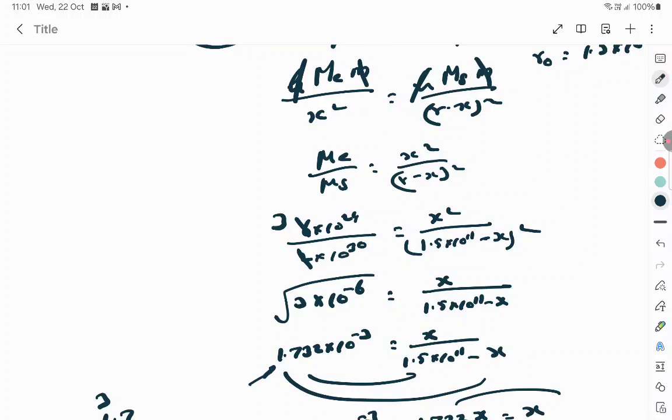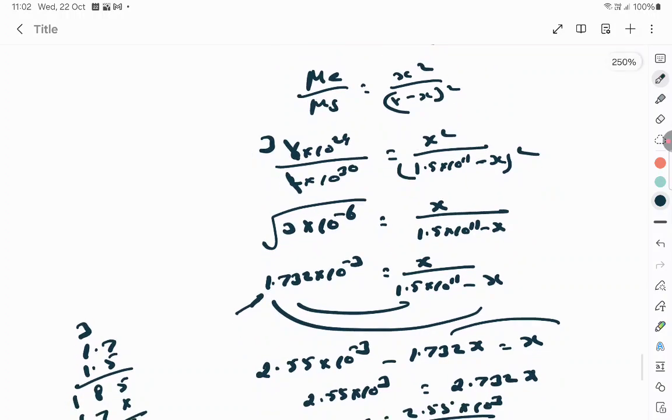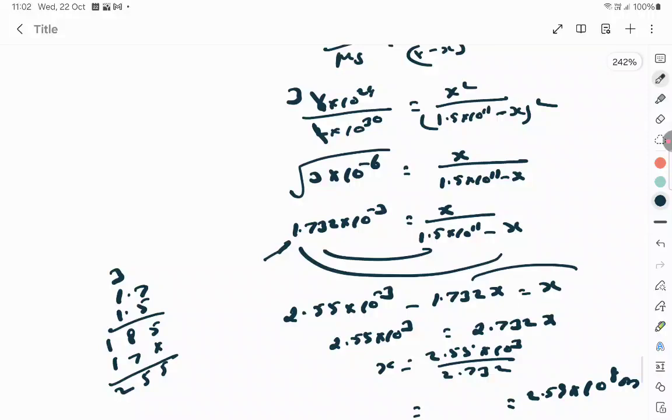So this goes to 3 into 10 to the power minus 6, and the square root of it is x by 1.5 into 10 to the power 11 minus x. So root 3 is 1.7. Multiplying these two, 2.732x.